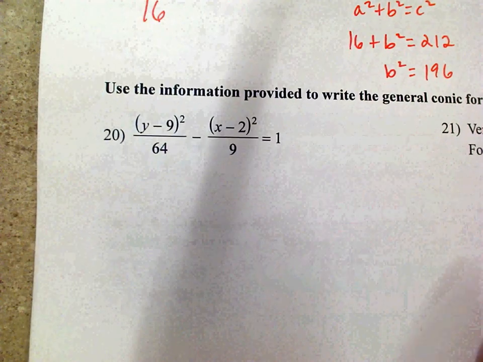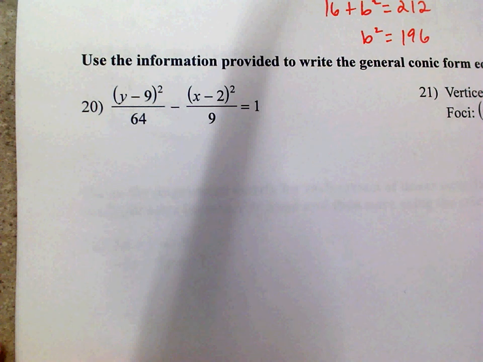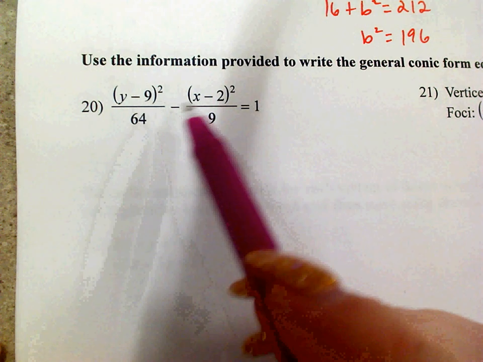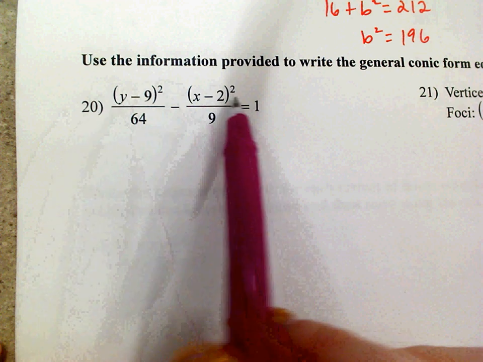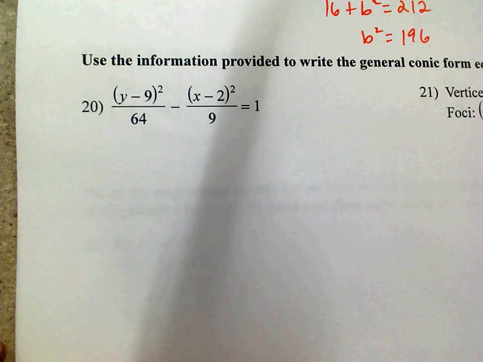Going from standard to general conic form, I have to just multiply. In this case, I multiply by the least common multiple of 64 and 9. 64 is 2 to the 6th power, so it's just a bunch of 2's, and 9 is 3 squared.